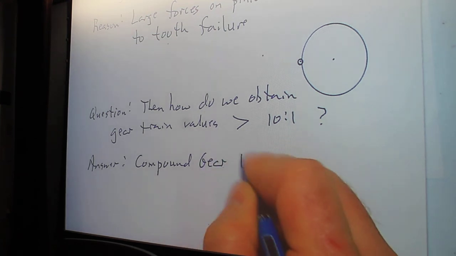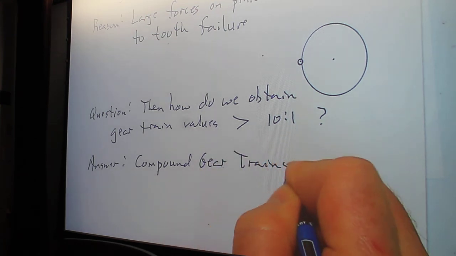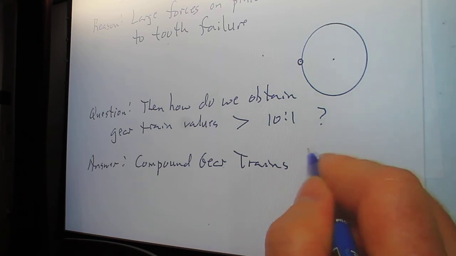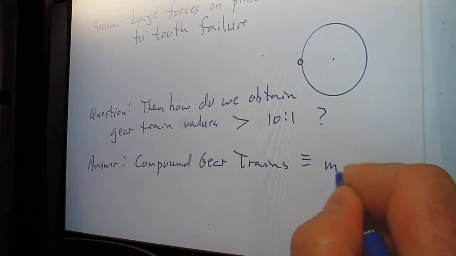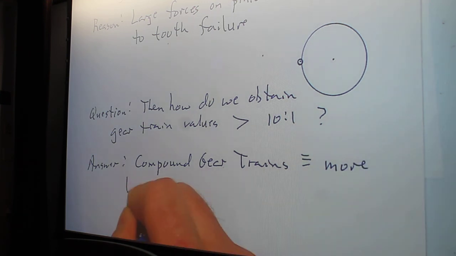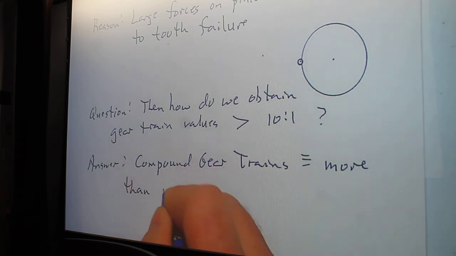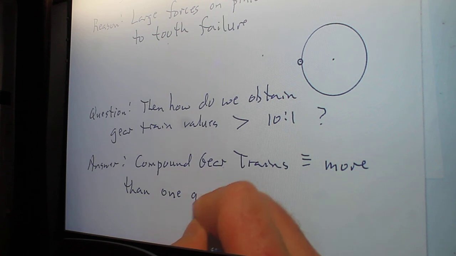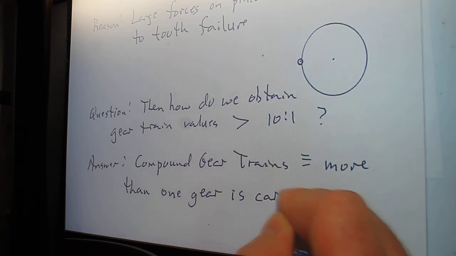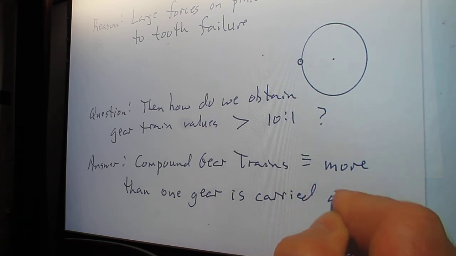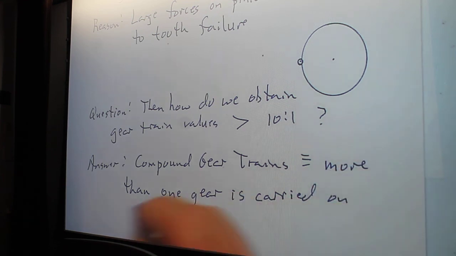Gear train system. And what a compound gear train means is that more than one gear is carried on each shaft.